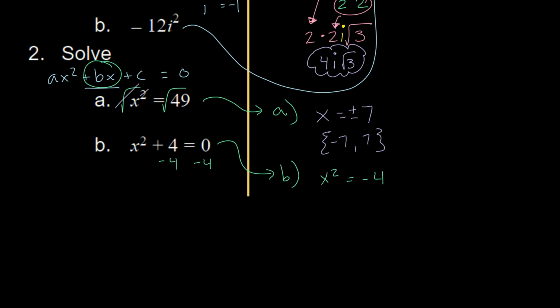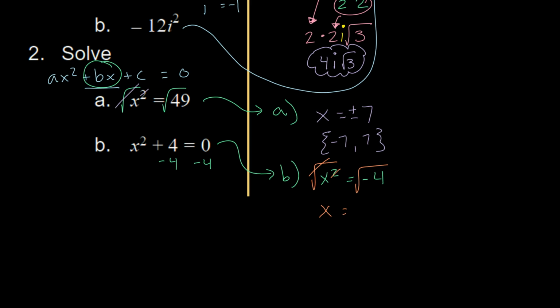Now what? Square root to get rid of the squared. So what is the square root of x squared? Now, what is the square root of negative 4? Not only is it 2i, what else is it?